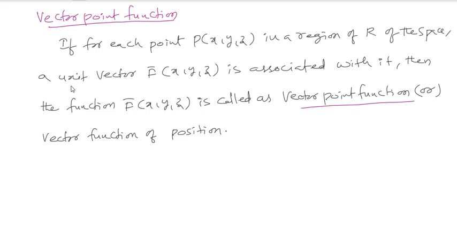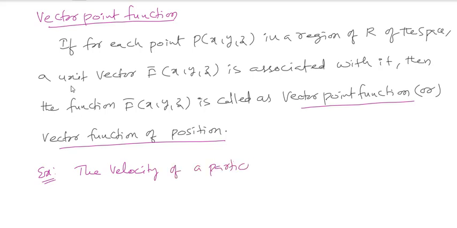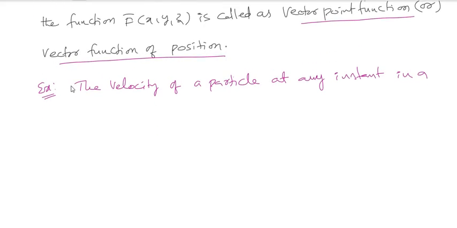So this is your vector point function, which is also called vector function of position. Let me take an example similar to this. The velocity of a particle at any instant in a moving fluid is called a vector point function.